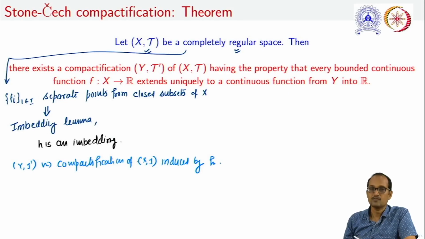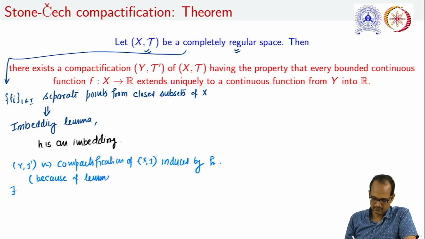Then if we use the lemma which we have discussed in the previous lecture, what we can say is that there exists an embedding, let us take that embedding as h-bar.